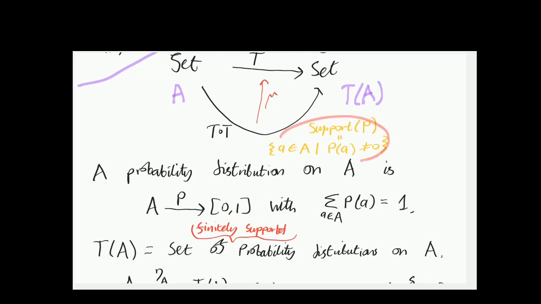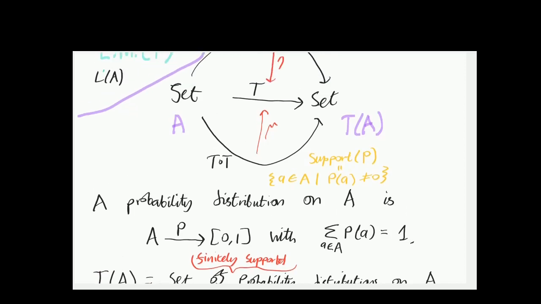So if we look at the support of such a probability distribution P, it should be finite. So in other words, T of A here, we can think of it explicitly as the set of maps to the unit interval that have all their values adding up to 1 and that are only non-zero for finitely many values. So that's what T of A is. It's the set of finitely supported probability distributions on A.